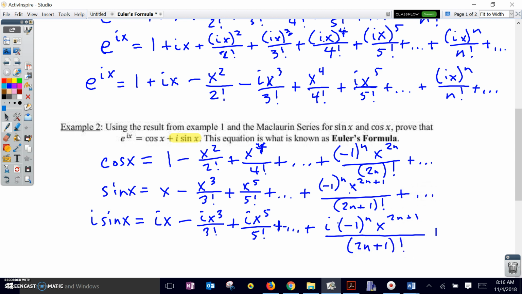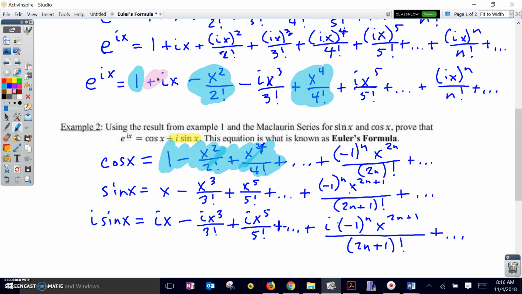And so what you should notice from this, if you're really paying attention here, is that if you look at the series up here in example 1, all of these even-powered terms that don't contain i's are exactly the terms of the series for the cosine of x.